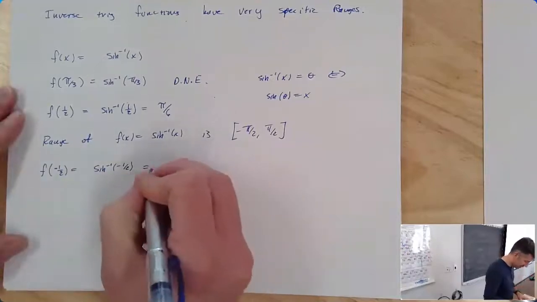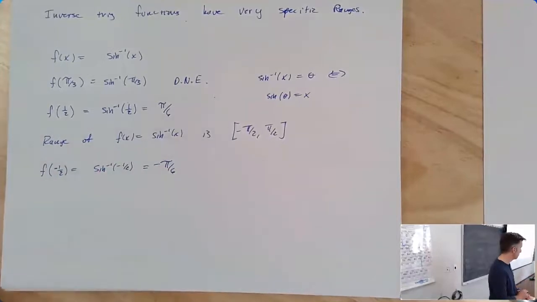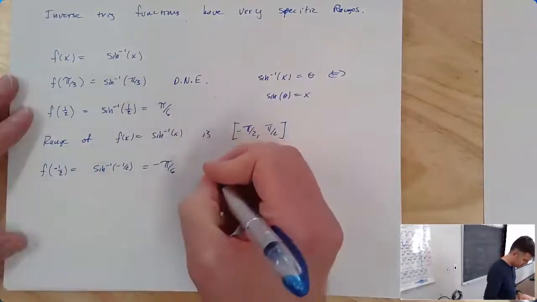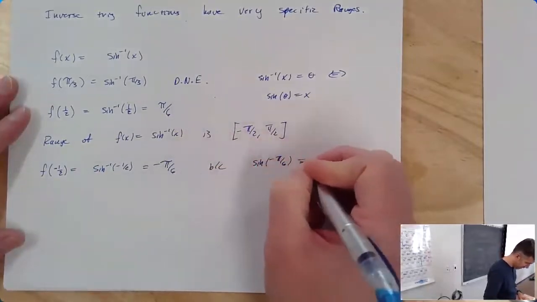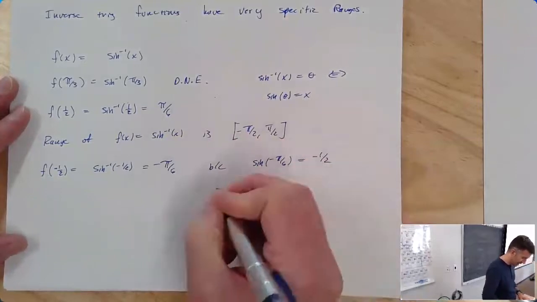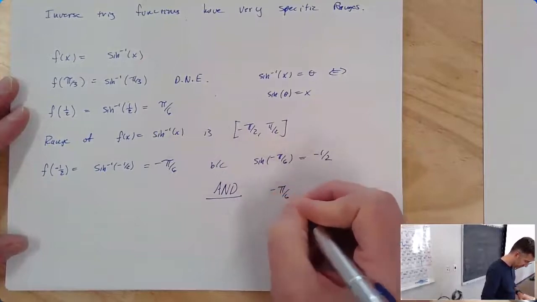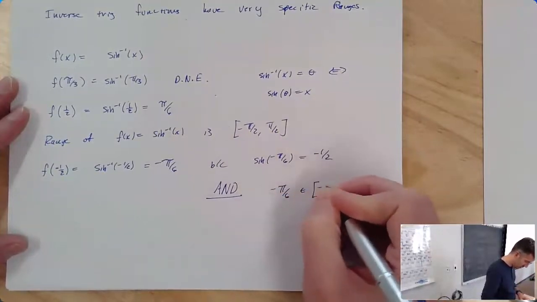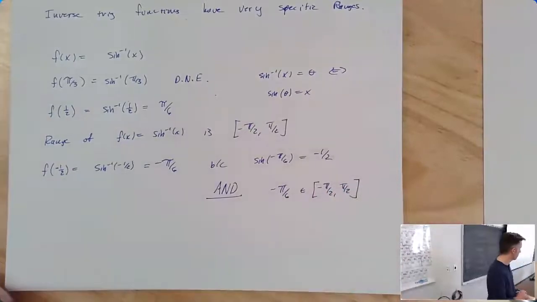The answer is -pi over 6, because sine of -pi over 6 is equal to -1/2, and -pi over 6 is between negative pi over 2 and positive pi over 2. So, yeah, it's worth going over this again.